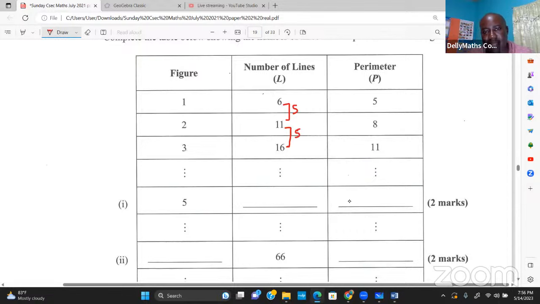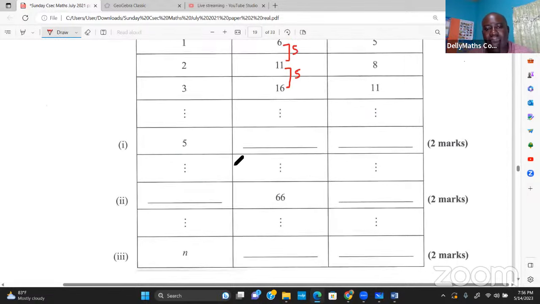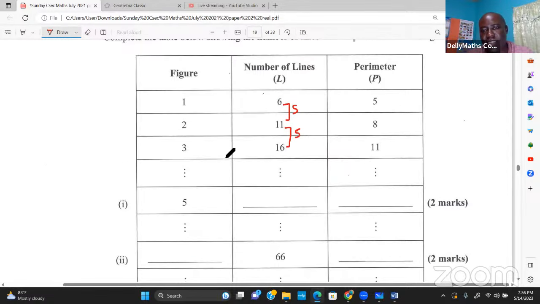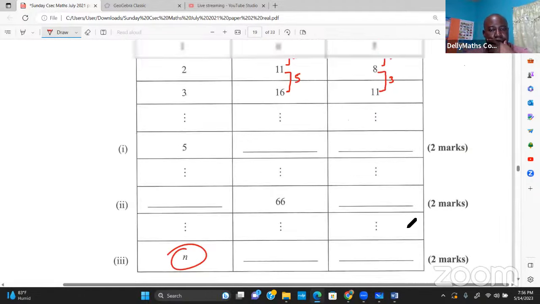And the moment I see this, I know that down here will be easy for me. Let's check the other one. 3. 3. So the moment I'm seeing that, down the bottom is easy for me.